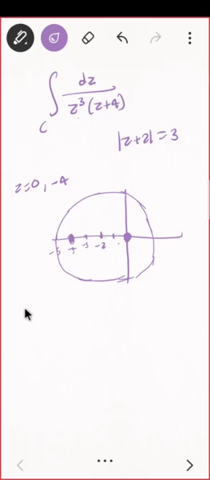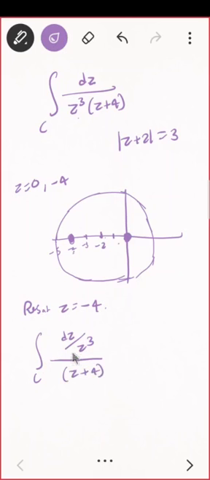Can you calculate the residue at z equal to minus 4? How will you calculate it? First of all, you have to write your function in that form. That is the contour. This will be dz upon z cube, the whole upon z plus 4, correct?